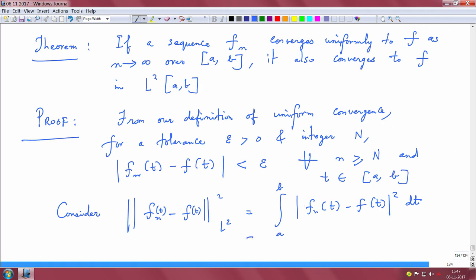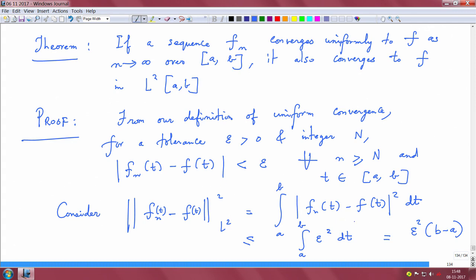So, therefore, this norm is less than or equal to the integral from a to b of epsilon squared dt, and this can be simplified as epsilon squared times (b minus a), right. And see how easily we were able to plug it in assuming uniform convergence.